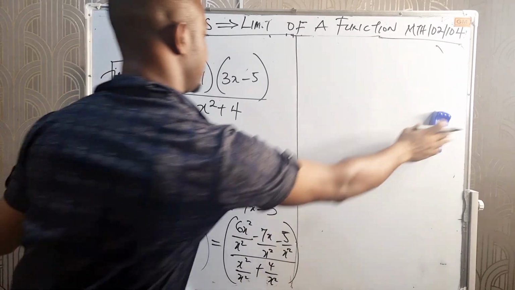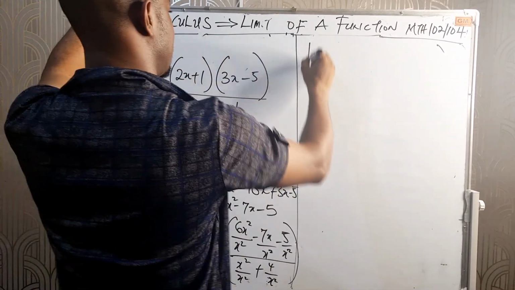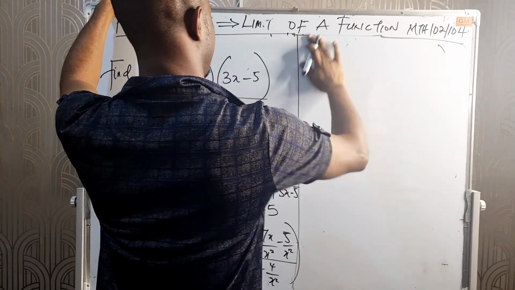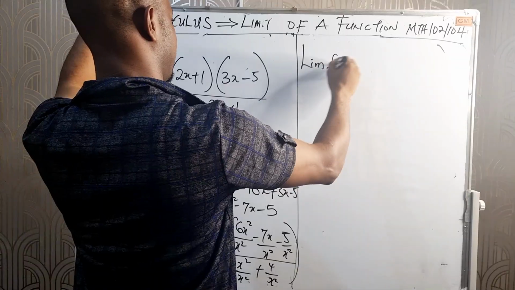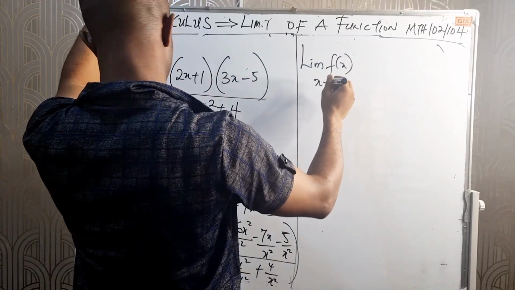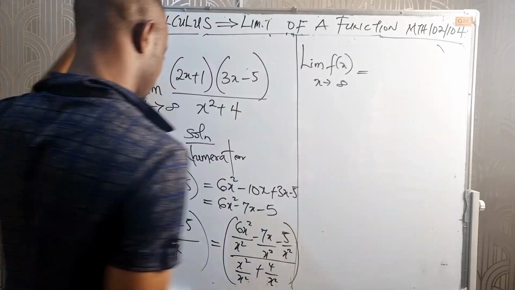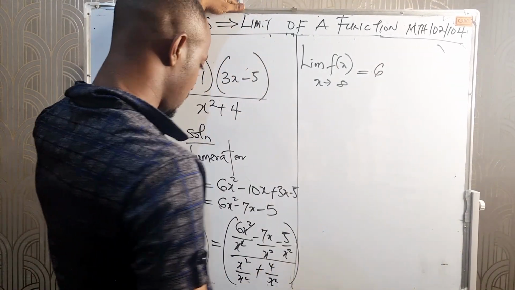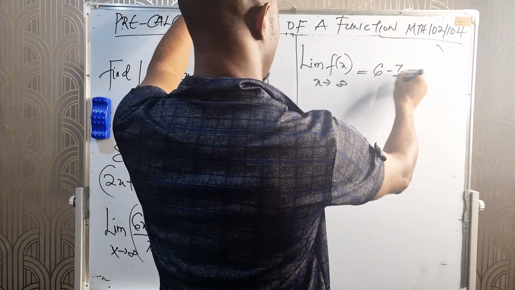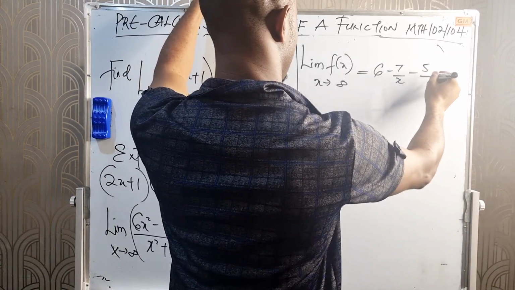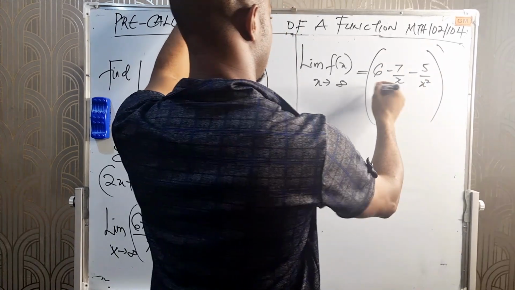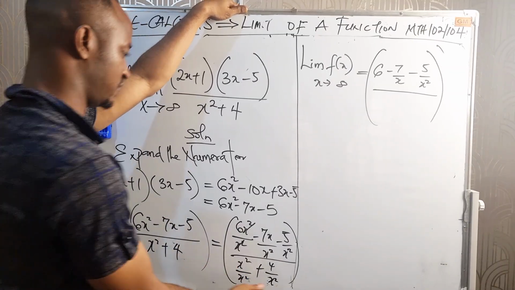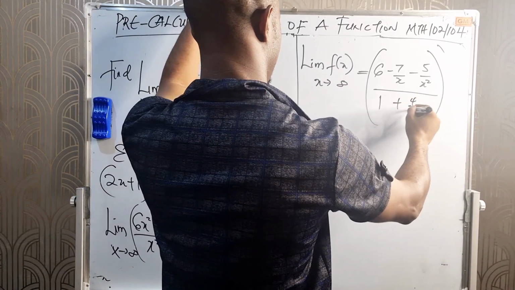And that will give us, let me use f of x now, the limit of f of x as x is approaching infinity becomes, this will go with this, then left is 6 minus 7 over x minus 5 over x squared, divided by 1 plus 4 over x squared.